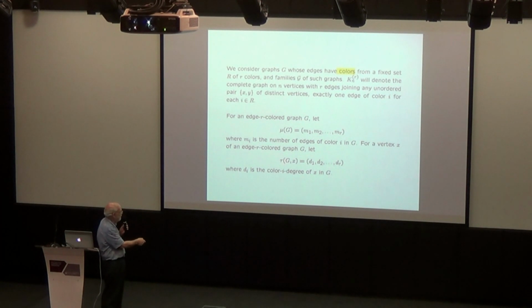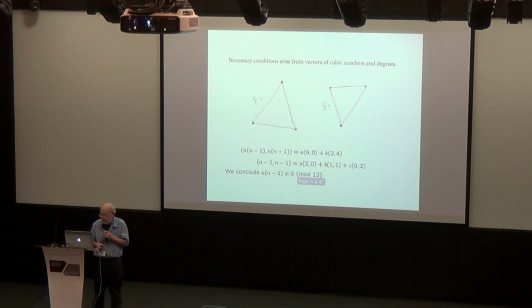And then degrees, tau of G at vertex x is the degree in color 1 of vertex x, the degree in color 2, through the degree in color R of x. The i-th entry is the color i degree of x. So I have to work with these vectors.